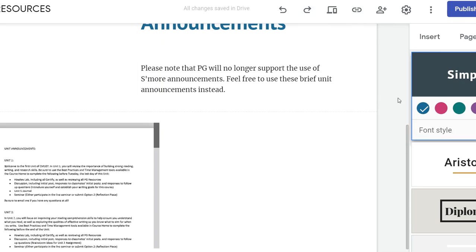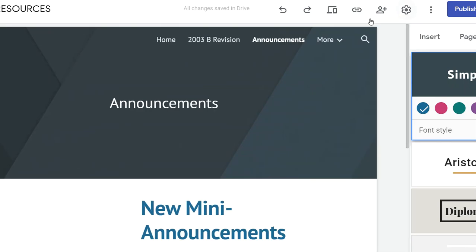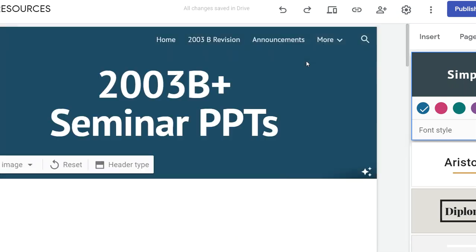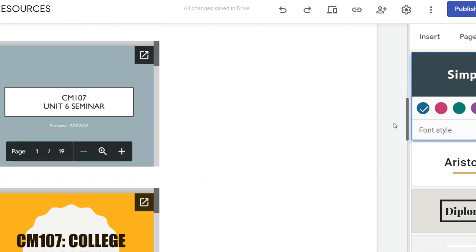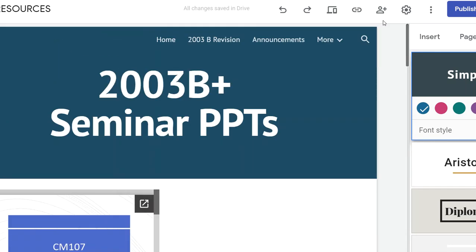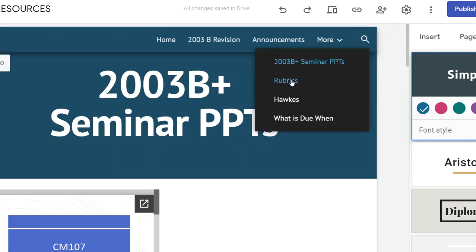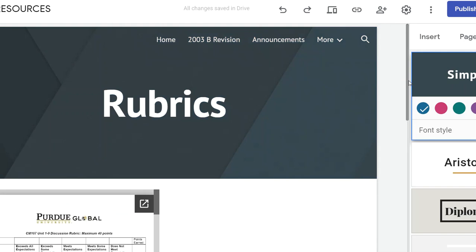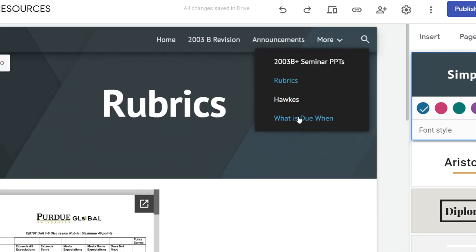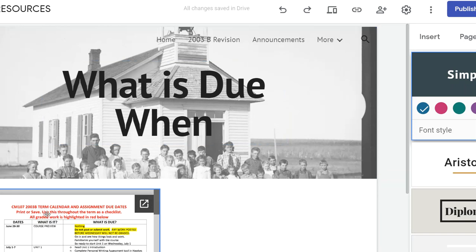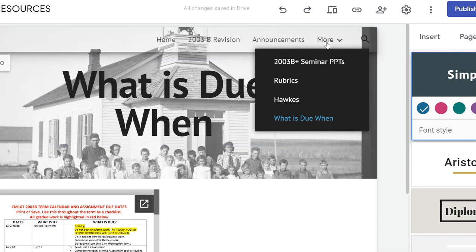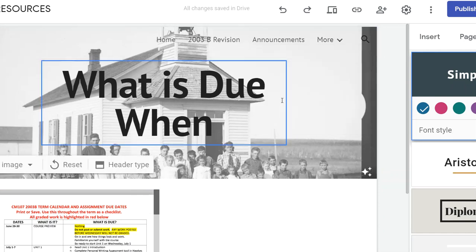So up at the top, though, you can see there are other tabs, including your seminar PowerPoints. They're here and available for download on the site. You'll also see that the rubrics are here for download, although they are also in the course, and that things like what's due when, the 2003 B term, available for download easily through the site, and that there will be some material on Hawks as well.